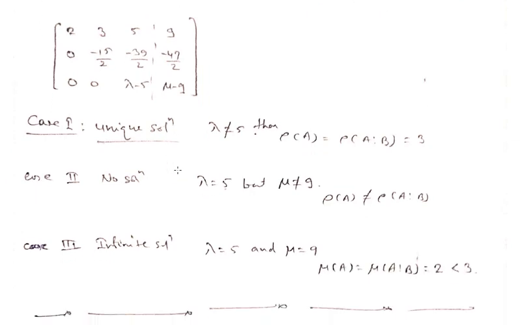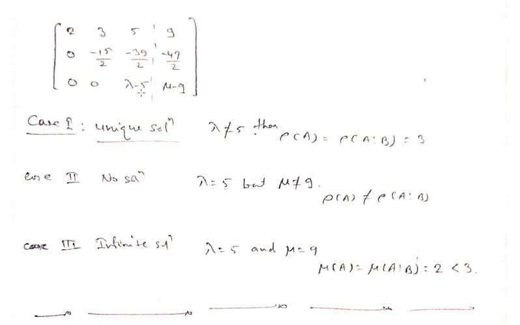Now the third case: an infinite number of solutions will exist if the rank of A and the rank of the augmented matrix are equal but strictly less than the number of variables, which is 3. It means the rank of the coefficient matrix and the rank of the augmented matrix should be less than 3. It might be 2 or it might be 1. So from here we are to reduce the rank of this matrix.